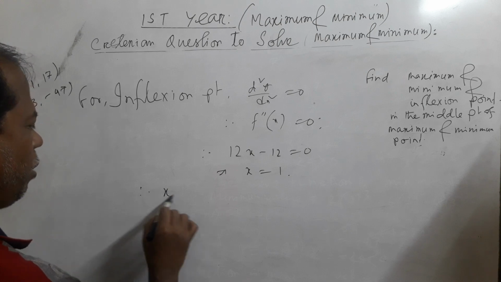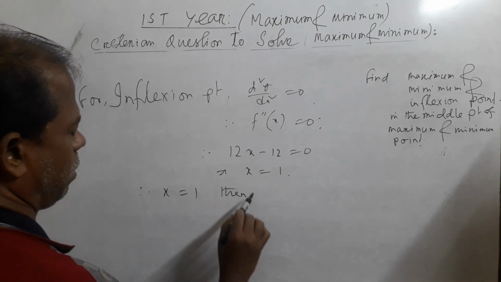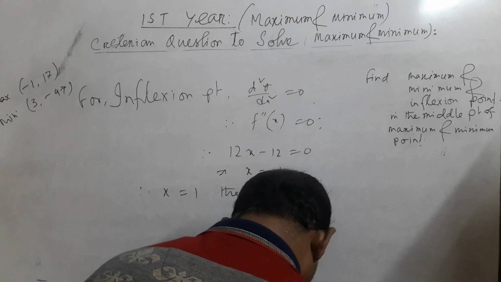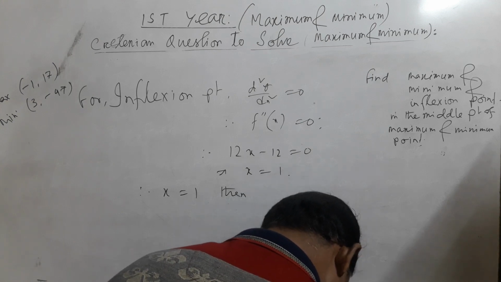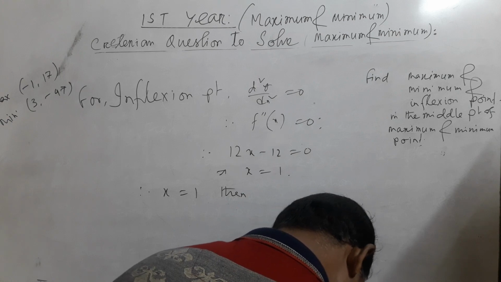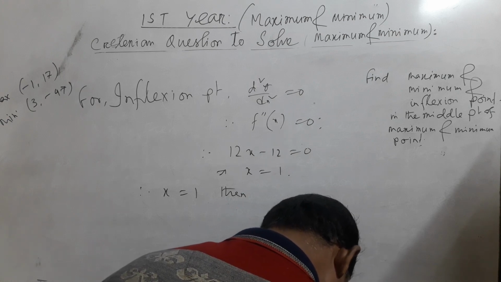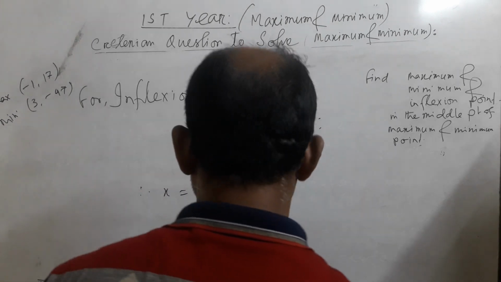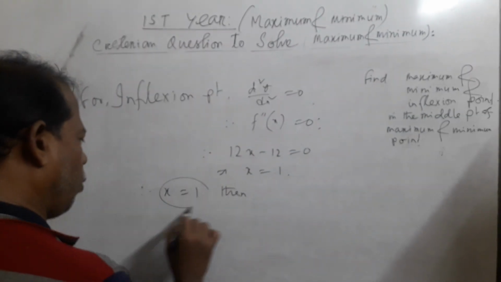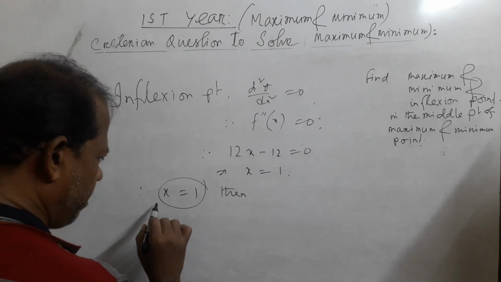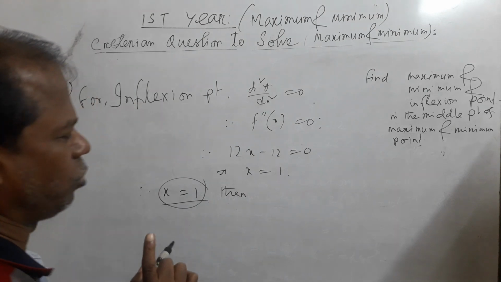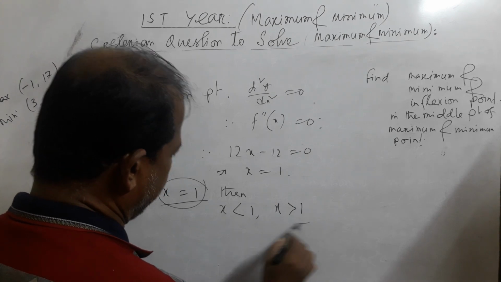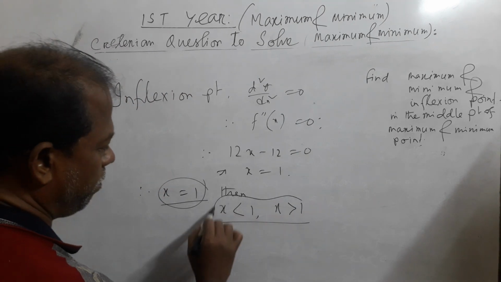So x equals 1 is the main point. You have to consider x less than 1 and x greater than 1. It is the main thing.